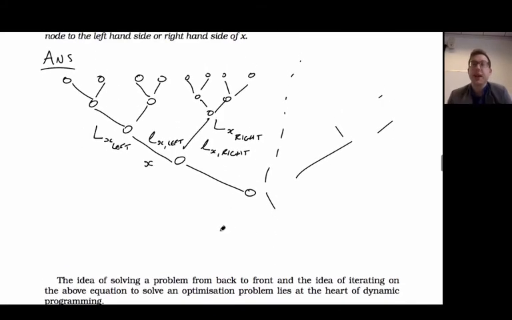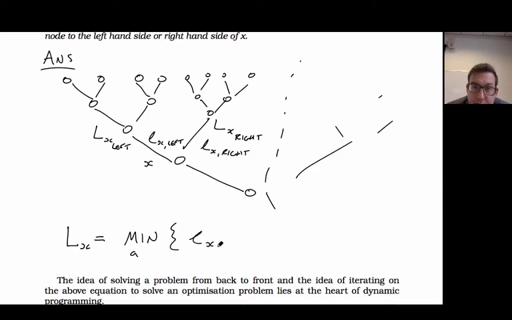And so the decision that I would make, the loss from being at X, would be the minimum over the action that I take of the cost of moving from X plus the loss of the place that I end up at, where this belongs to left and that belongs to right.